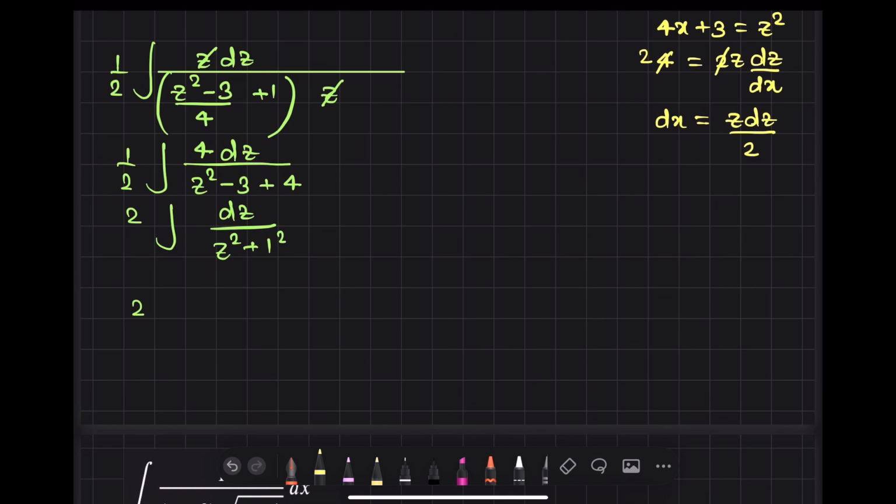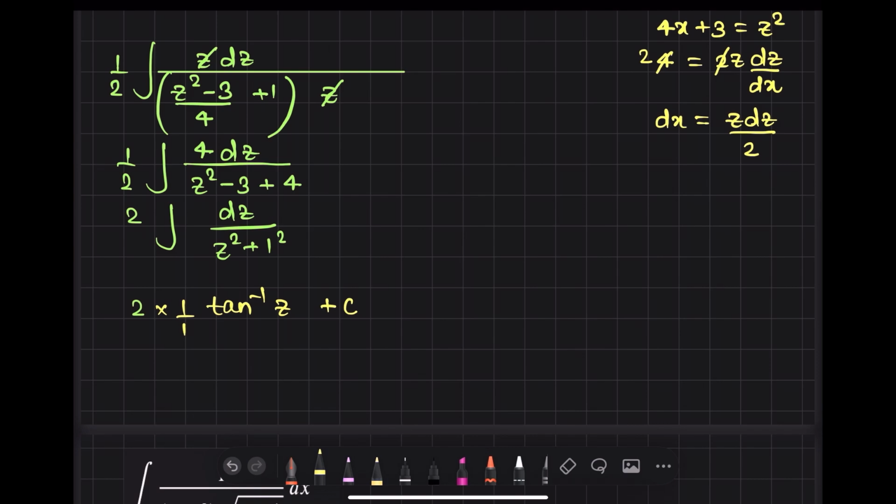And this reminds you of tan inverse x by a. So can I write 1 by a? If it is comfortable, it is 1 by a. If it is not comfortable, then 1 by 2a. So here we are comfortable. So you will be writing 1 by a is 1, and then tan inverse x by a. So here x is z, a is 1, plus integration constant c.